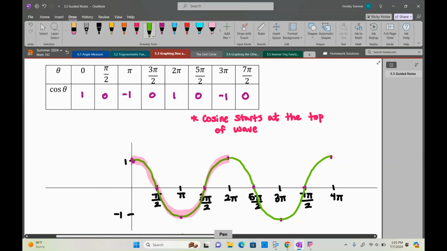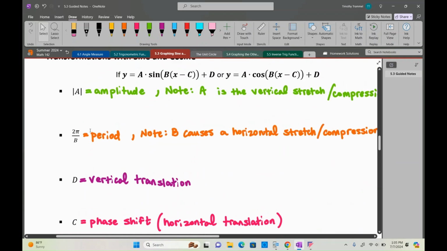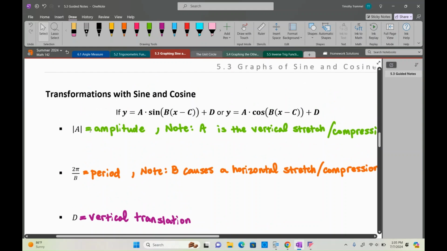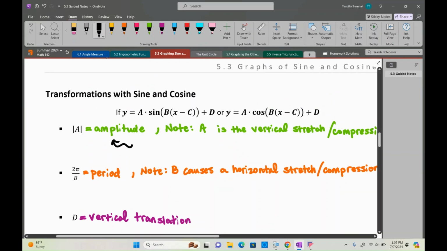But if we were to say multiply this cosine function by 3, now it's going to go up to 3 and down to minus 3. So again, that's how far we would go from the center of the wave, that amplitude. And maybe we'll add that here, that's what the amplitude's really telling us. I'm going to say distance.